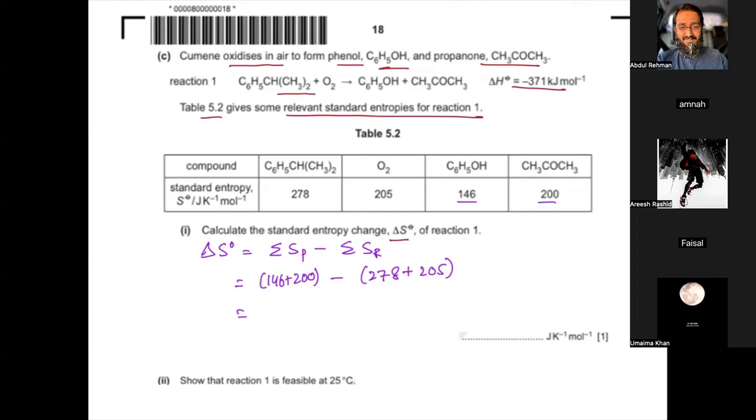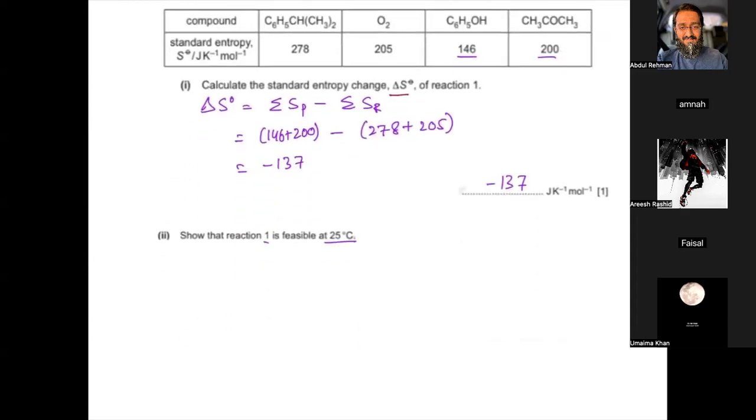Can anyone solve it and tell me the answer? Okay. Yes, very good. Thank you. So it's minus 137. Show that reaction 1 is feasible at 25 degrees Celsius. Okay. So if the reaction is feasible, it means that the Gibbs free energy is negative. 25 degrees Celsius in Kelvin is going to be 298 Kelvin, because plus 273, right?